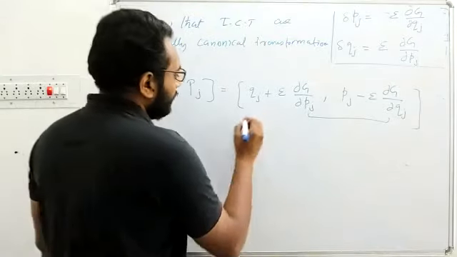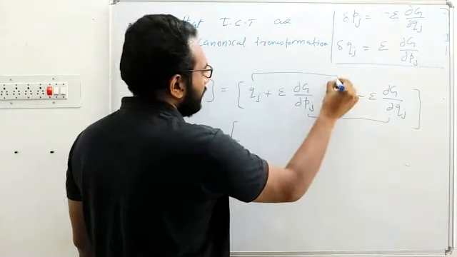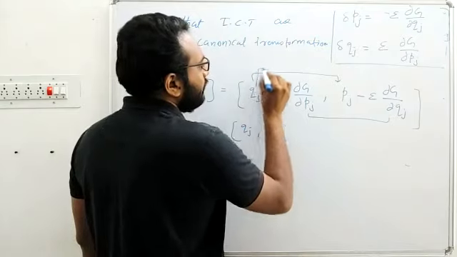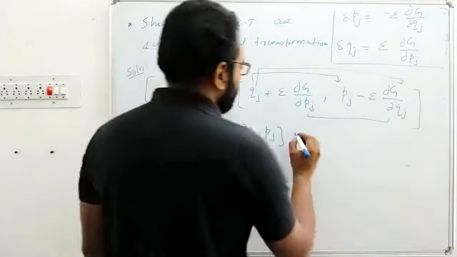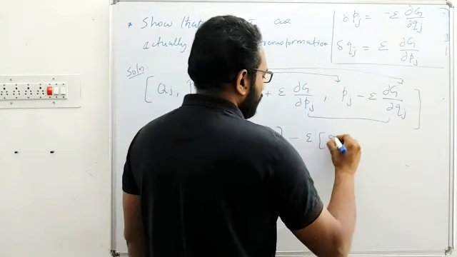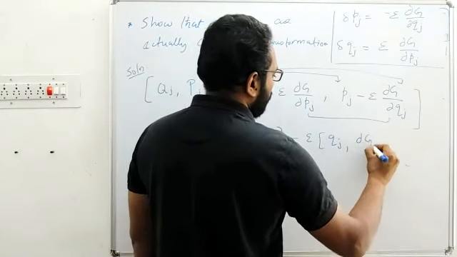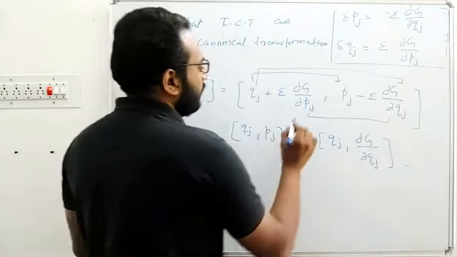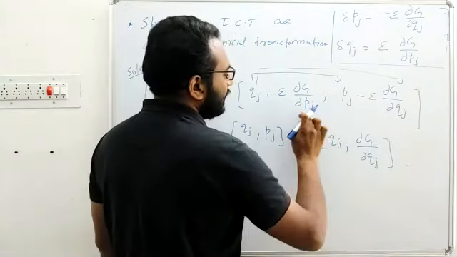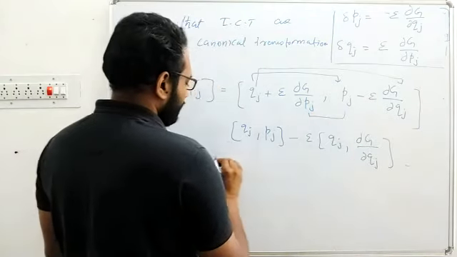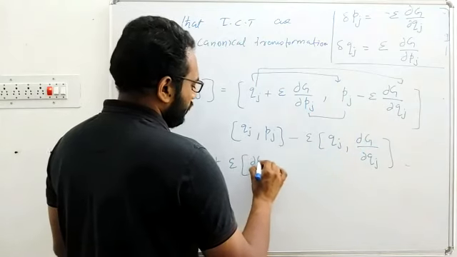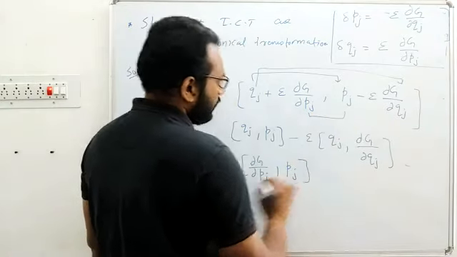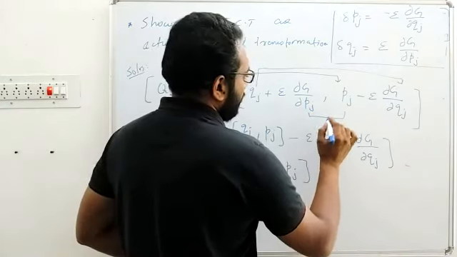First you take qj with pj. Then you take qj with the second term. You need to combine all the terms, so we write minus epsilon qj with ∂G/∂qj. Now we also need to take the second term with all the terms, so plus epsilon ∂G/∂pj, comma, pj. And I think that's all.